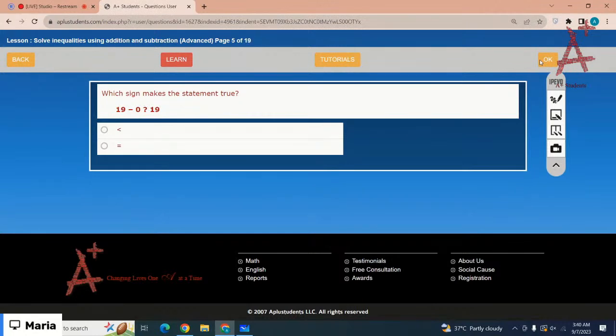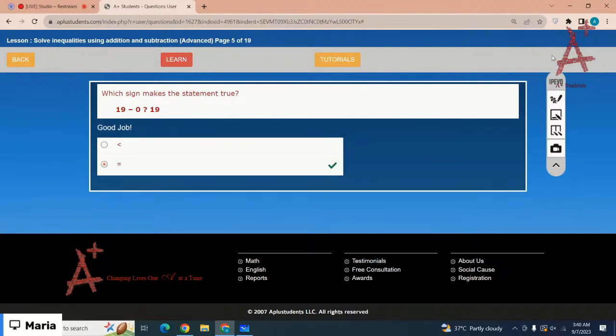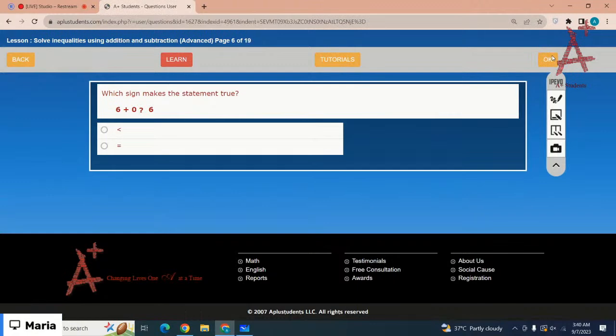Which sign makes the statement true? 19 minus 0, and you have to compare it to 19. 19 minus 0 is 19, so both sides are exactly equal. Which sign makes the statement true? 6 plus 0 and 6.